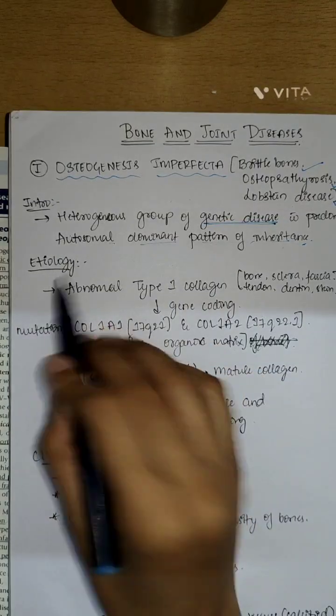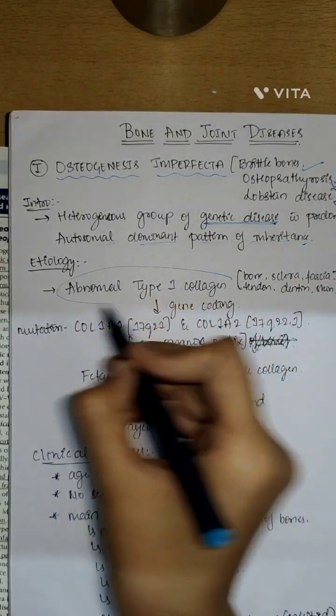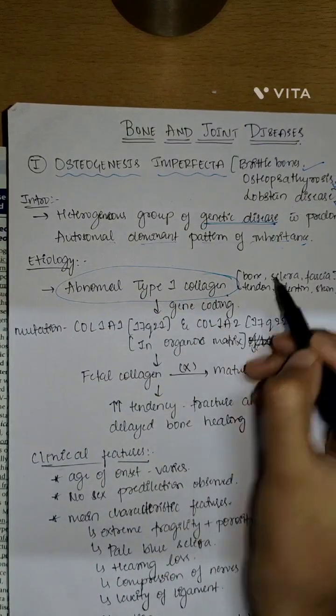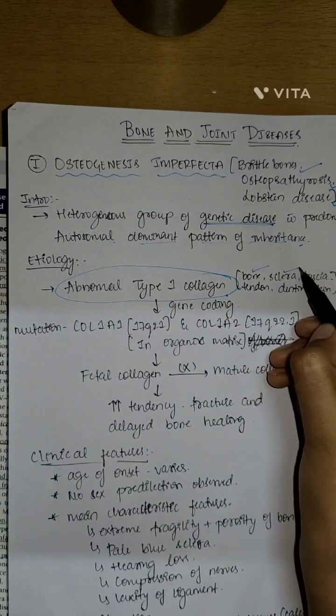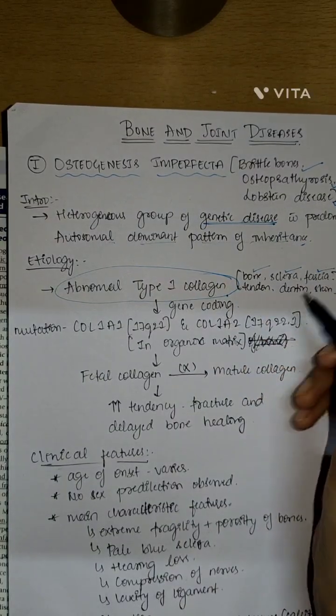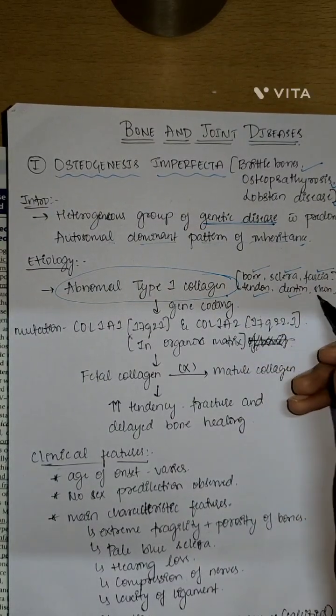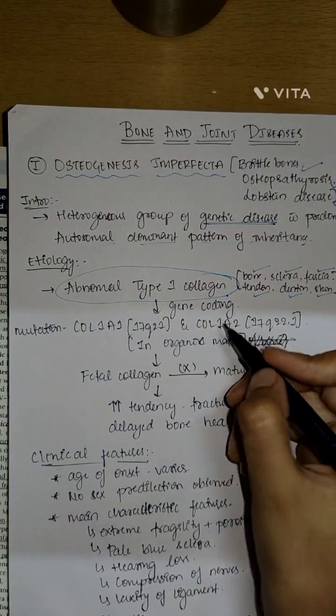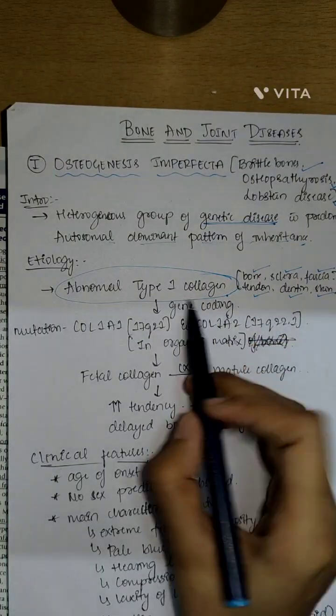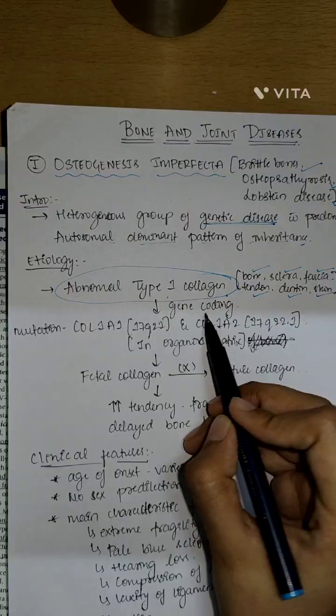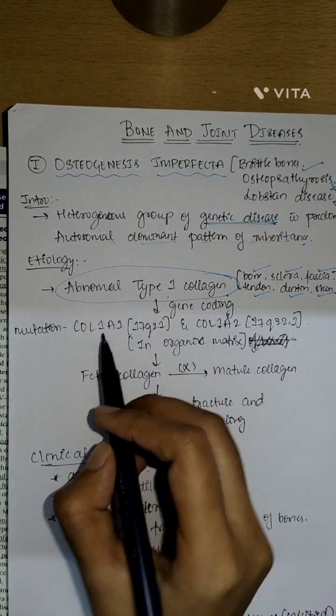Coming to the etiology, mainly it is by the abnormal type 1 collagen formation. This type 1 collagen formation is there in bone, sclera, fascia, tendon, dentine, and skin. So the genes coding for this type 1 collagen are mainly two genes.